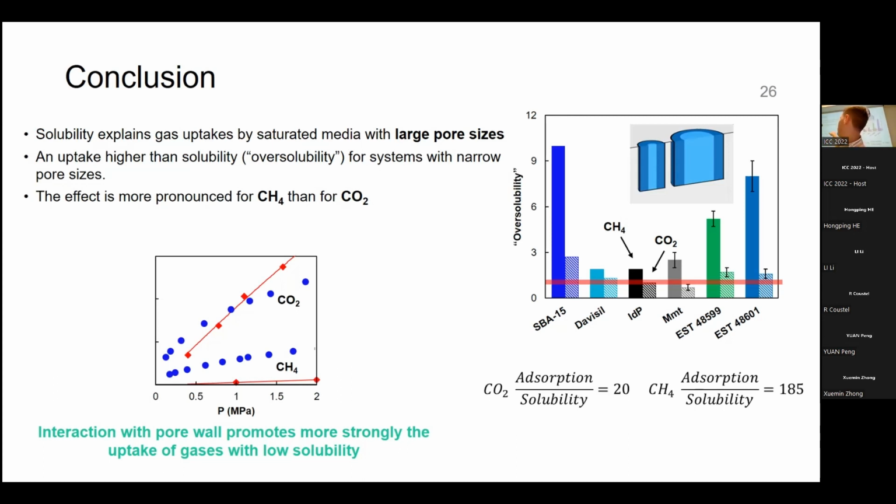But if you try to superimpose the isotherms, what we see is that adsorption of methane is much higher than its solubility. So if methane has the possibility to be adsorbed on the surface in addition to dissolution, it will dramatically increase its amount in the pore, which will result in apparently high oversolubility.